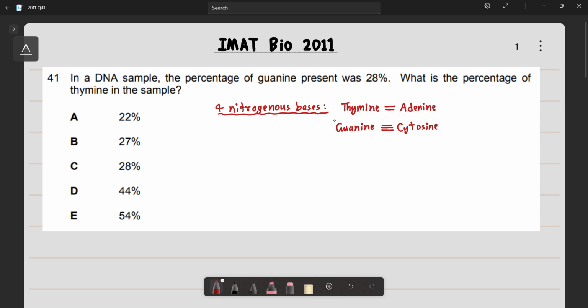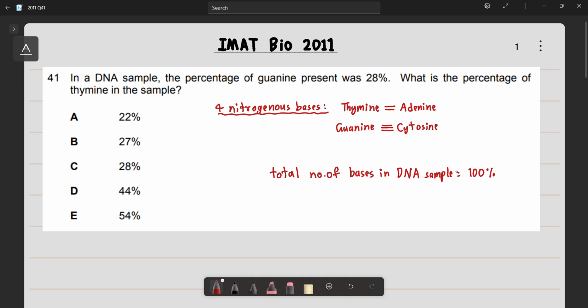Since they did not give the exact total number of bases in the DNA sample, and it is given as a percentage, we can assume that the total number of bases in the DNA sample is 100%.